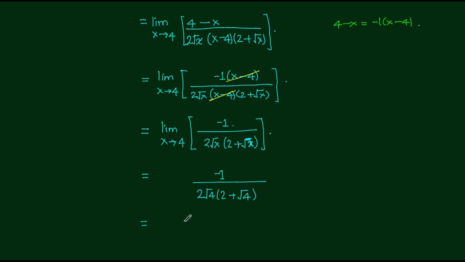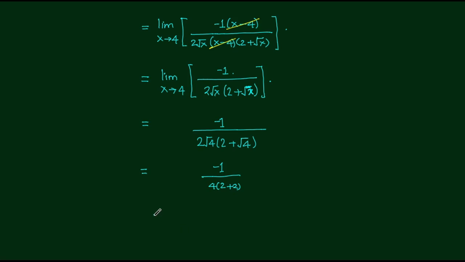So we can move on and continue to simplify. The term outside here, this scalar: root 4 is 2, 2 times 2 is 4, and that multiplies by our 2 here, and the square root of 4 is 2. So we can work inside this bracket and we obtain 4. This 4 multiplies also 4.